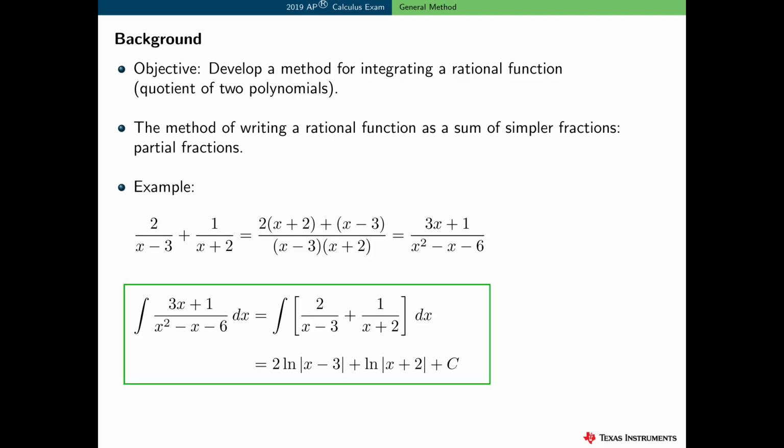Now, suppose I started by considering this integral. Since I know how to write the rational function as a sum of simpler fractions, I can rewrite the integrand. And then I can integrate term by term. And each of these antiderivatives is a natural log, by almost inspection. Technically, I guess, each is solved by a simple u substitution.